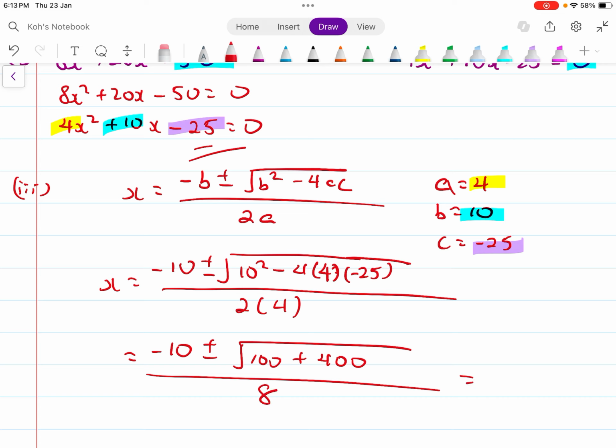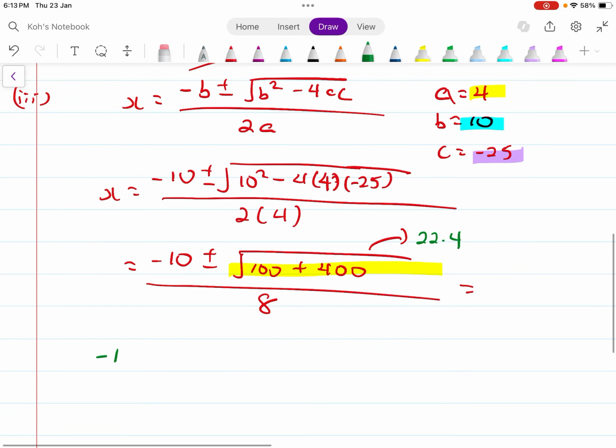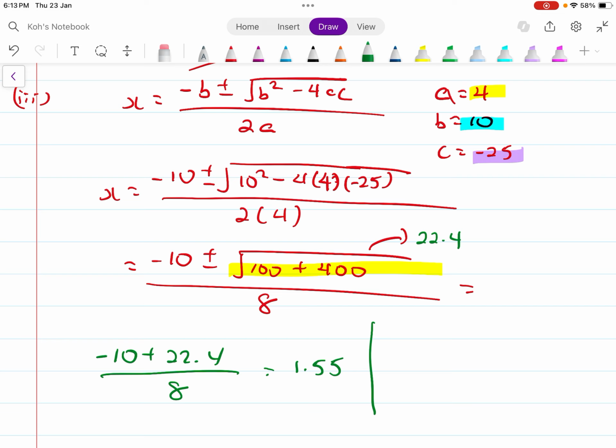The square root of 500 is equal to 22.4, give or take. Then you will get two answers. One is negative 10 plus 22.4 over 8, which gives about 1.55. The next one is negative 10 minus 22.4 divided by 8, which is about negative 4.05. So you got two answers.